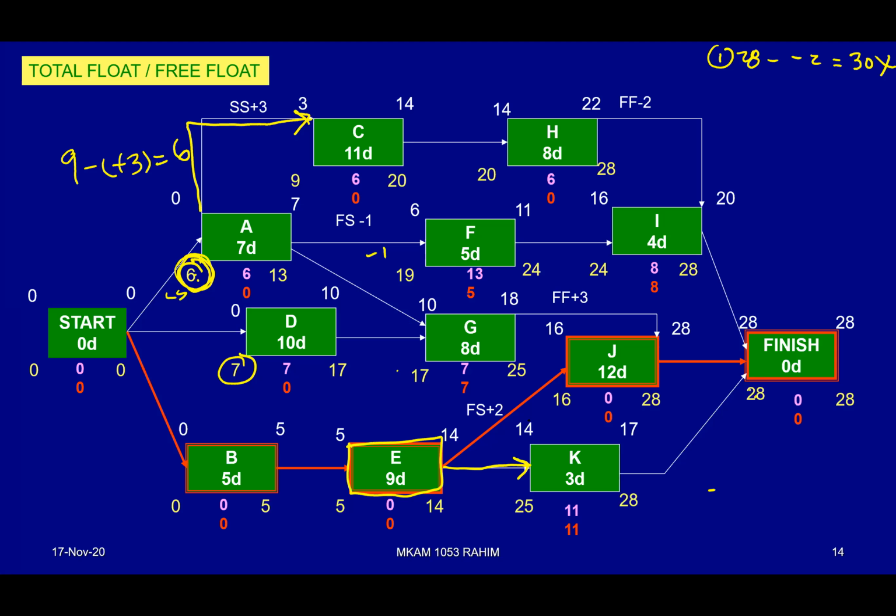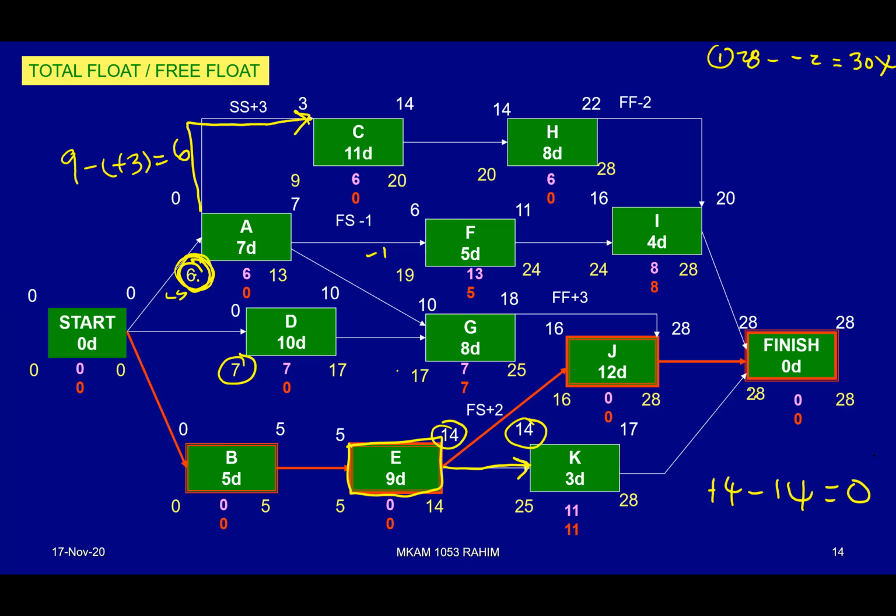K will start at 14 days, whereas the finishing of E is at 14 days. So 14 minus 14 is equivalent to 0. All right, so we already established that. You cannot get a free float in this type of relationship less than 0. 0 is the value that we are going to use.